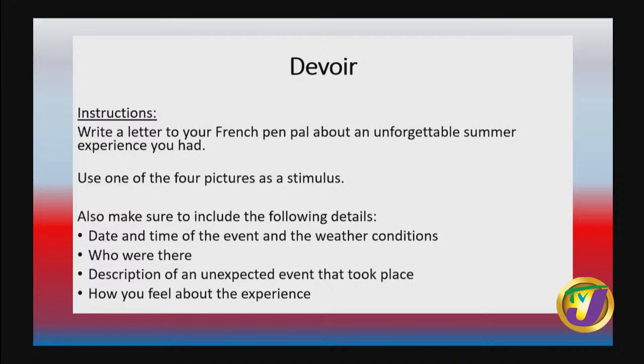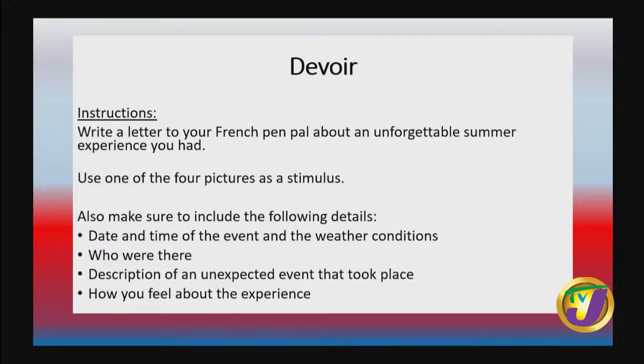Okay, so this is the instruction. Write a letter to a French pen pal about an unforgettable summer experience you had. Use one of the 4 pictures as a stimulus. Also, make sure to include the following details: the date and time of the event, as well as the weather conditions. Also, you should say who were the persons there.